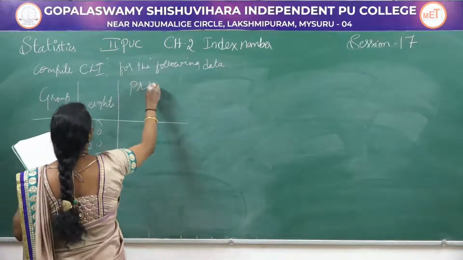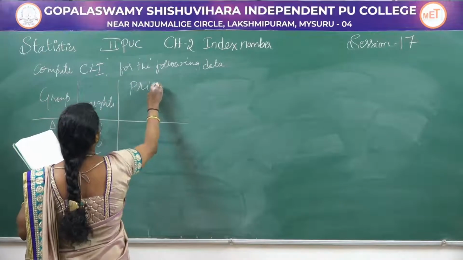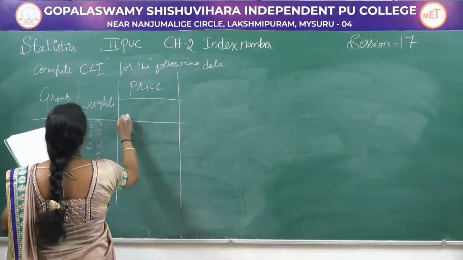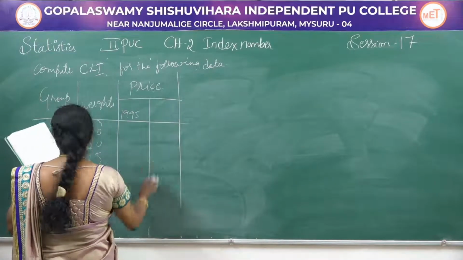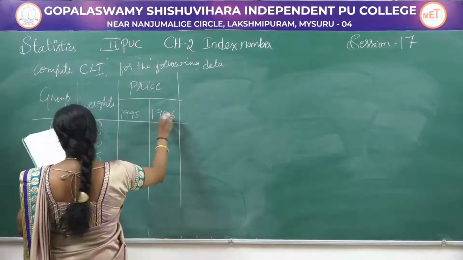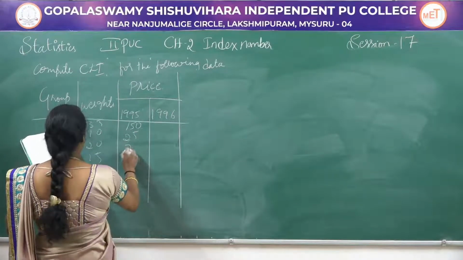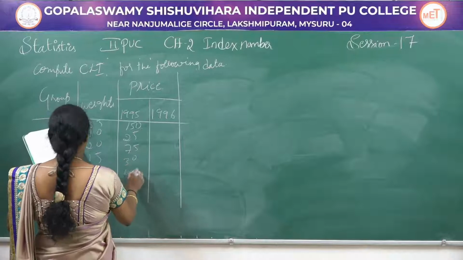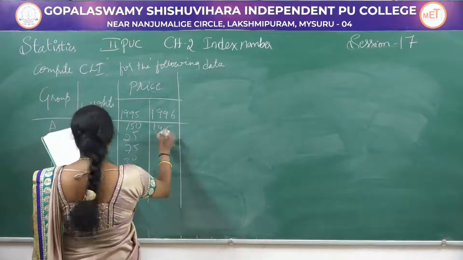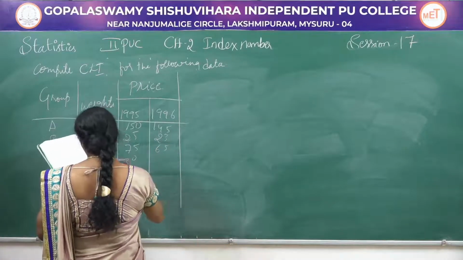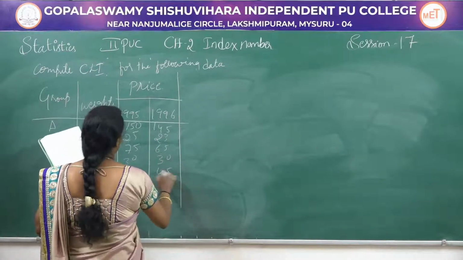Next price. Price for 1995 and 1996: 150, 25, 75, 30, 40, 145, 23, 65, 30, 45.